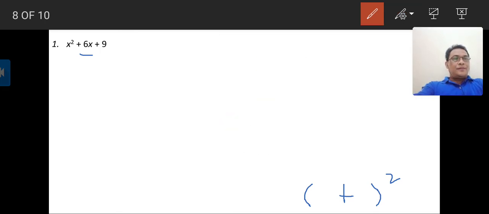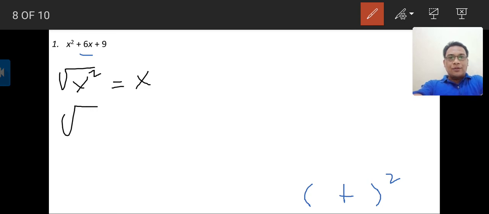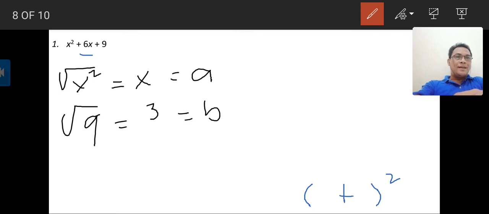Third step, we have to get the square root of your first term and your third term. The square root of x squared is x, and the square root of 9 is 3. So x is equal to your a, and 3 is equal to your b.